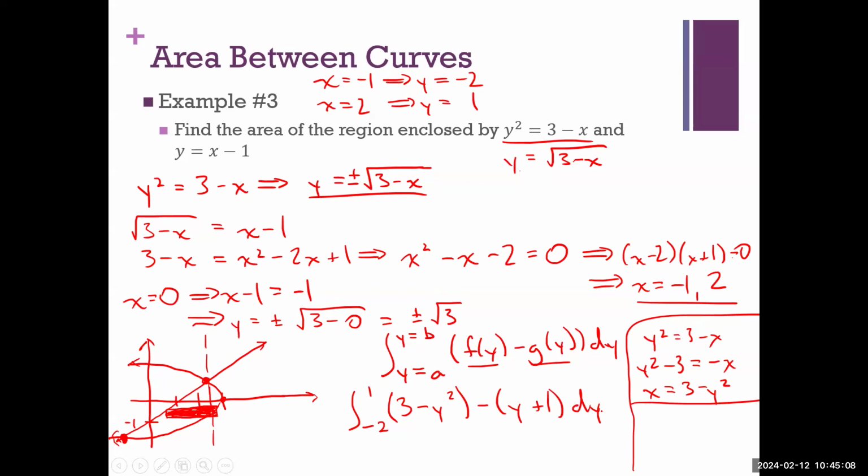So I want to stop there. We did a lot of manipulation and a lot of probably strange things to get there. So let's recap. How did we start this? I think the very first thing we suggested is that we take the y squared equals 3 minus x and think about that in terms of y equals this plus or minus square root function. Did we actually end up using that?